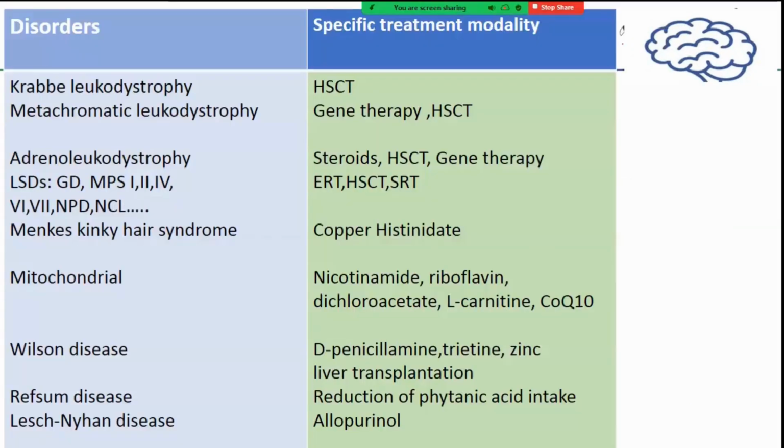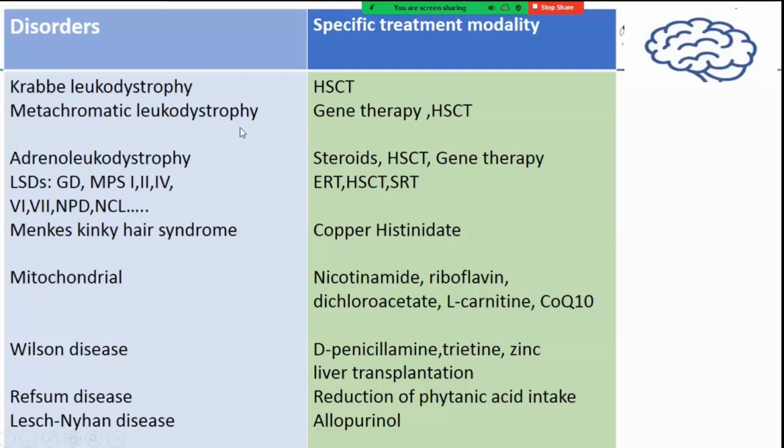Okay, so these were some of the cases which I wanted to show you, and because the time was not there and you have multiple sessions on therapies, I am not going into the details of therapies. I have just put them here to show what can be done. Like Krabbe, there is no specific treatment. With very early pickup, say by newborn screening, HSCT may help.